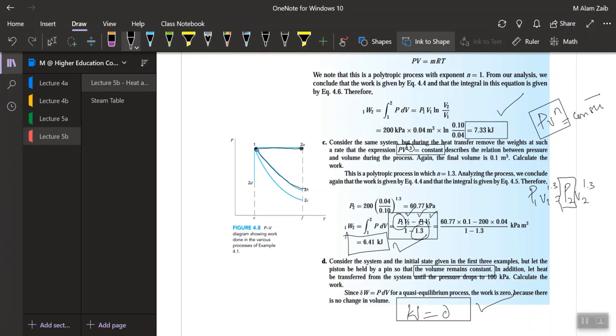Then for PV raised to power n equals constant, it would be something like this. And lastly, when the volume remains constant, it would be something like this.